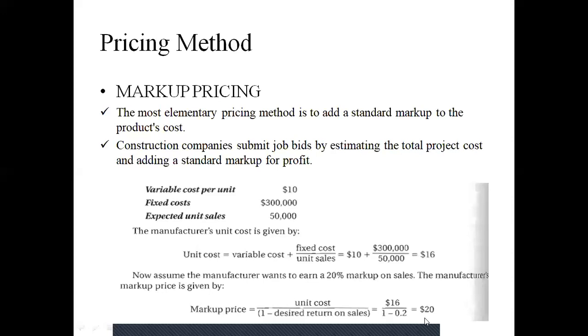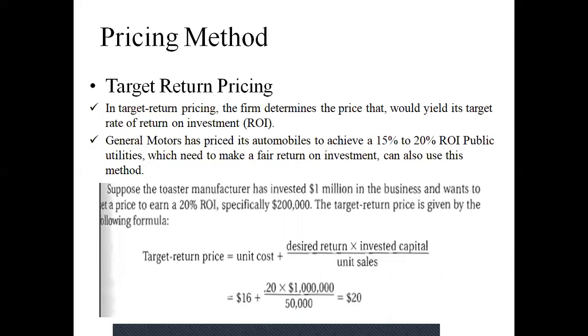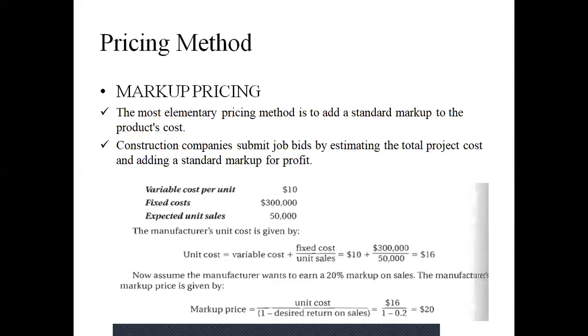Next pricing method is your target rate of return pricing method. So let's go to that slide. In target return pricing, the firm determines the price that would yield its target rate of return on investment. In the first one, we were talking about the markup on sale, on the producer's cost.